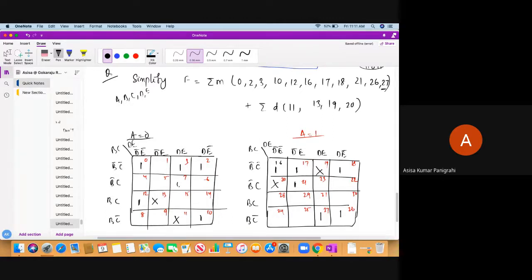Okay, and other places obviously 0. Other places just 0. Do you all understand?